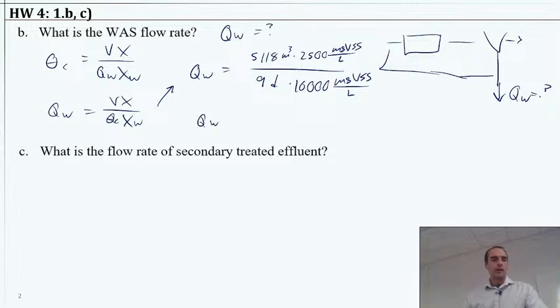So that'll give us, when we put in those numbers, 142.2 cubic meters per day. And if we wanted to, we could solve it in cubic meters per second, so it would be a pretty small number, 0.00165.